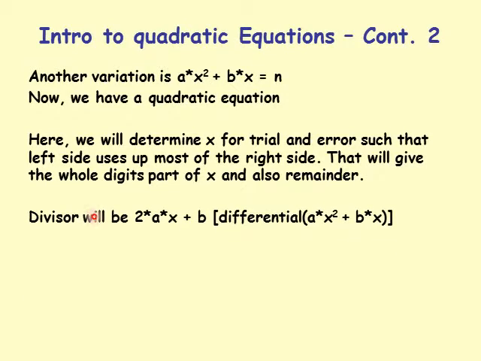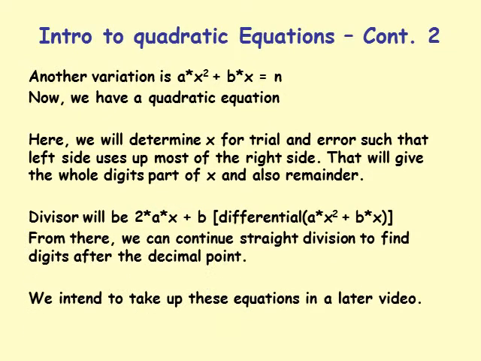Let's continue here. The divisor would be 2ax plus b. The first differential of ax squared plus bx is 2ax plus b. So we determine x and the divisor would be 2ax plus b. From there we can continue straight division to find digits after digits, the digits after the decimal point.